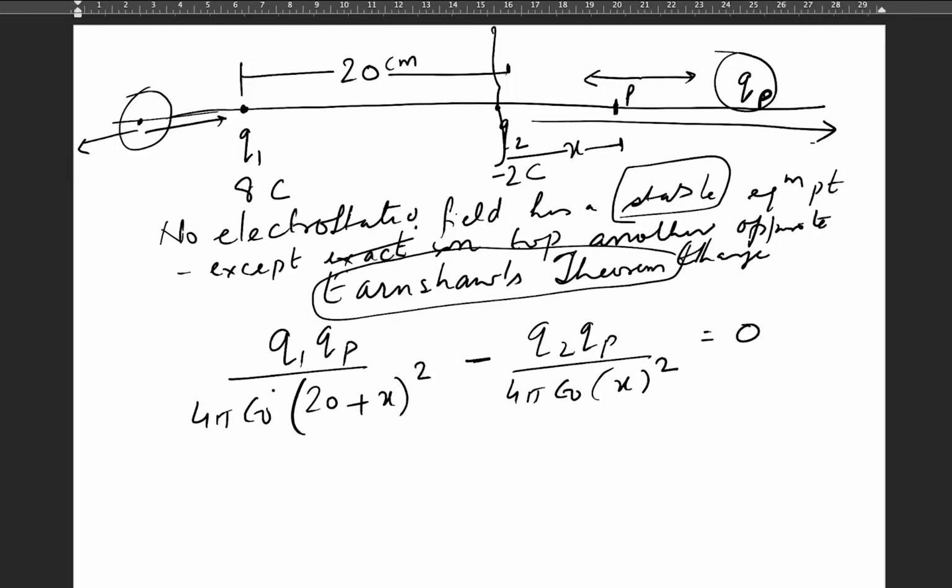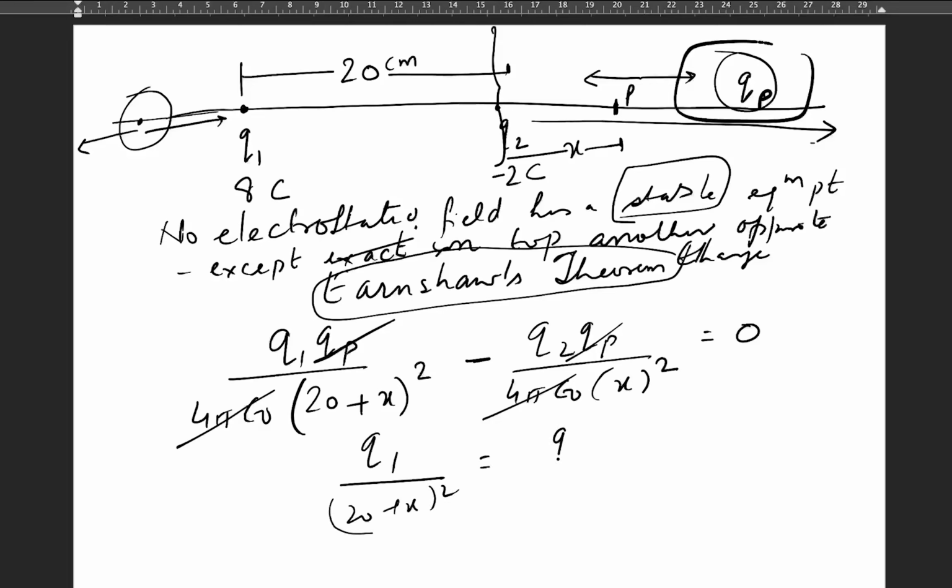Now let us see what happens. This 4 pi epsilon naught goes. Similarly, this QP goes. So in this sense, QP is not going to come into our calculation. So Q1 over (20 plus x) squared should be equal to Q2 over x squared. Now we see units are not going to matter much because the units will cancel out.